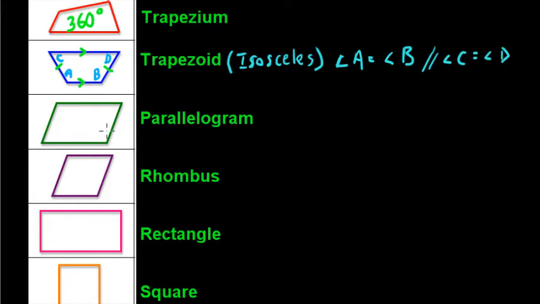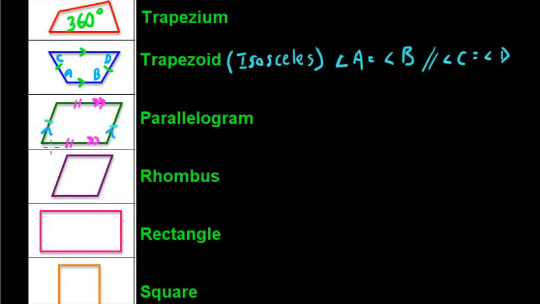Alright, on a parallelogram, that means the opposite sides are the same length and they're parallel, so this and this are the same length, and this and this are the same length, and this is parallel with this. Put 2 on there. So these two are parallel, and this is parallel.